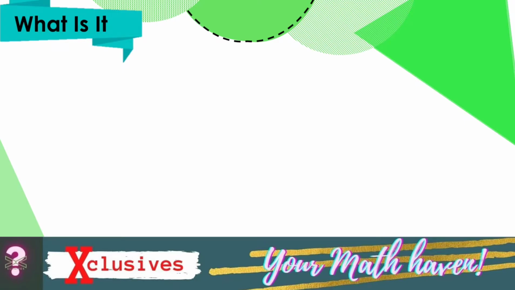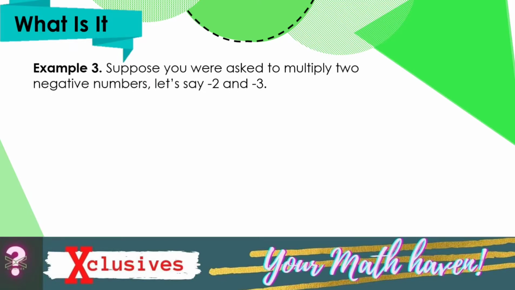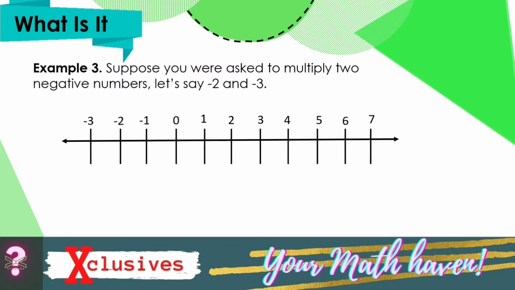Let me show you a good example on how to multiply negative numbers. Example number 3. Suppose you were asked to multiply two negative numbers. Let's say negative 2 and negative 3. Okay, let us plot first negative 2 on our number line. Then multiply it by negative 3.